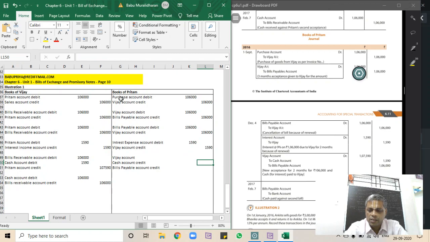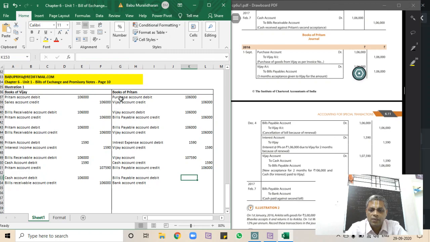The interest paid is 1,590, fresh bill value is 1,06,000 rupees, and total is 1,07,590. Now this bill is settled after 2 months, so bills payable account debit and bank account credit, right?